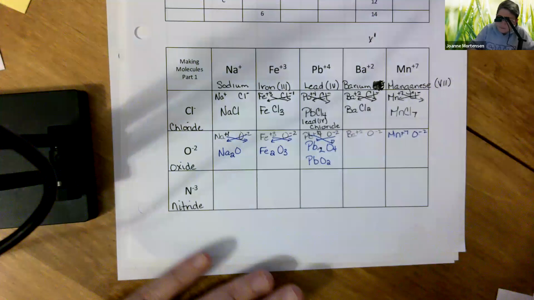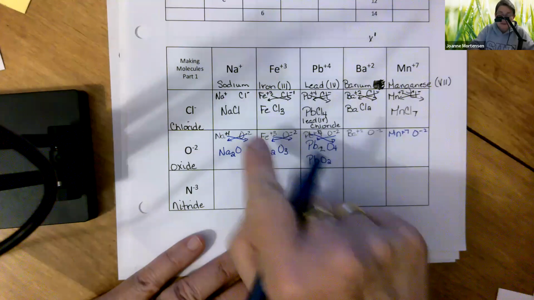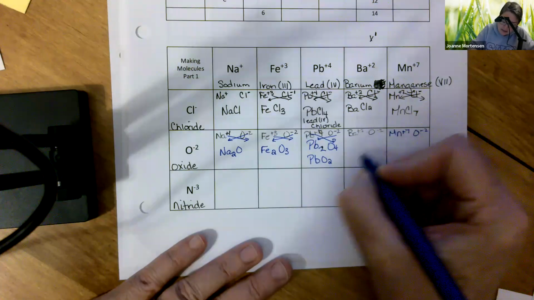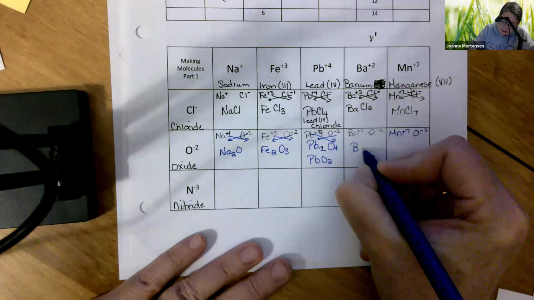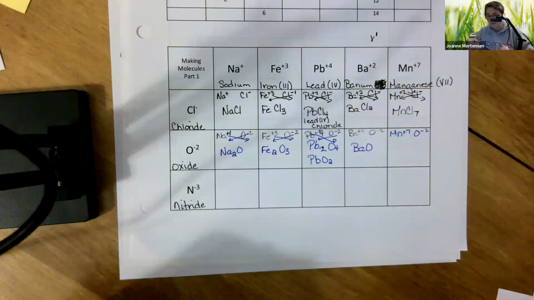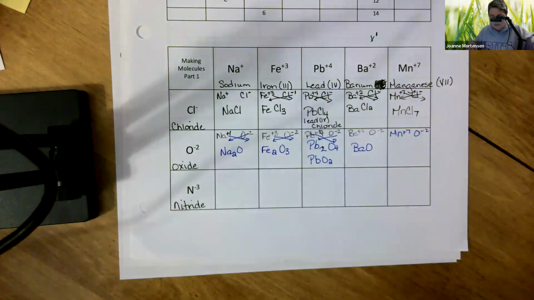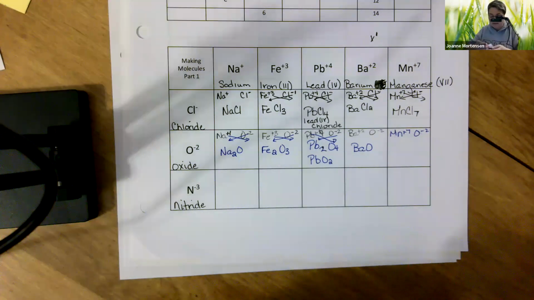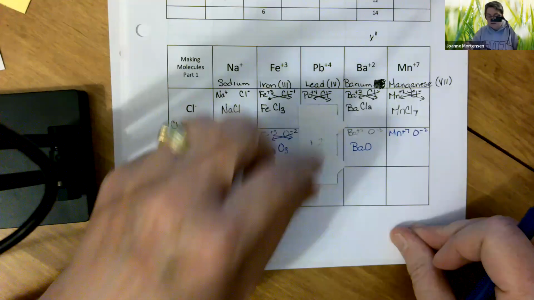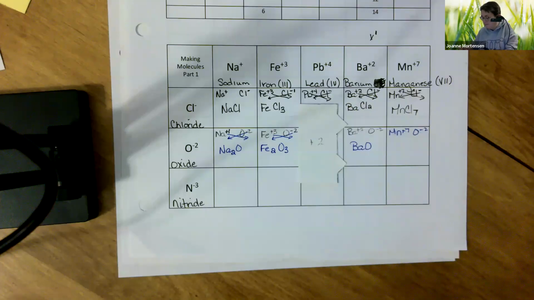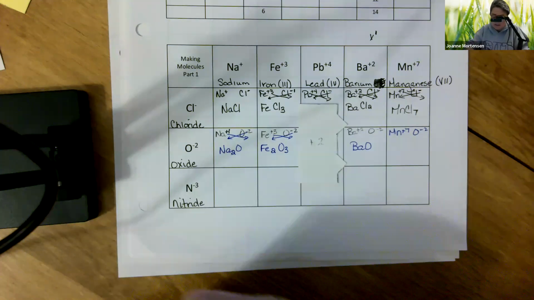All right, now Ba 2+, O 2-. Do you remember? We talked about the rule up here. If the numbers are exactly the same, you just bring them down. There's going to be no subscripts. And I want to show you why. Okay. There's my barium. And there's my oxygen.